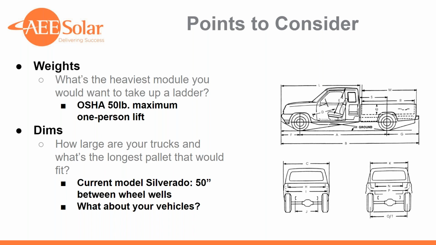Well, for me, that's like 20 pounds because I'm lazy. But I think for most of us, we'll continue to see something around that 40-pound paradigm. I tried to look up some numbers from OSHA here. 50 pounds is the maximum one person lift, and I think we've all got our own opinions on how applicable OSHA is to our business.